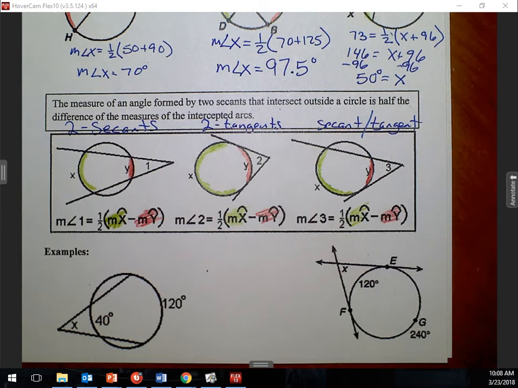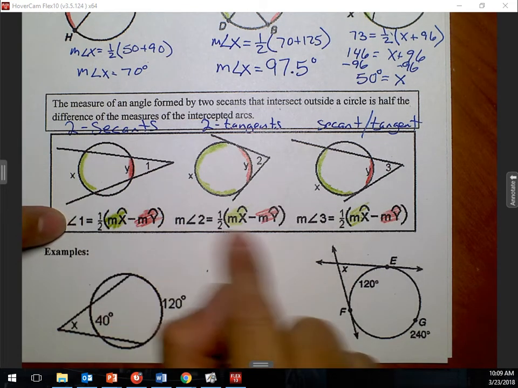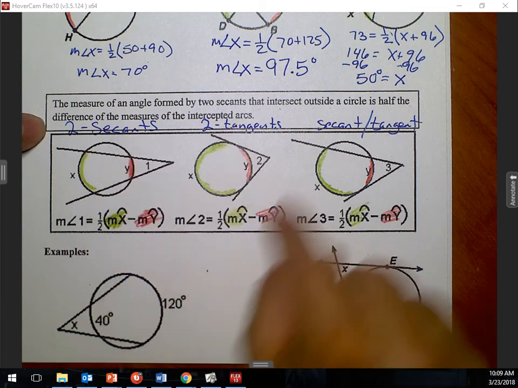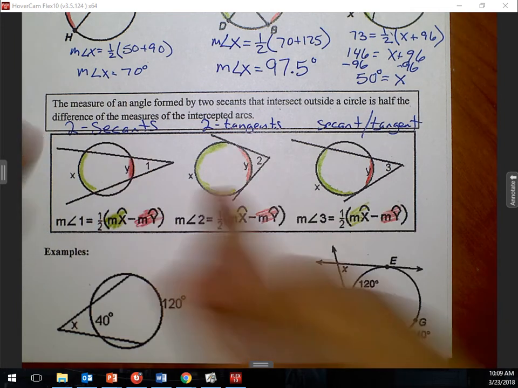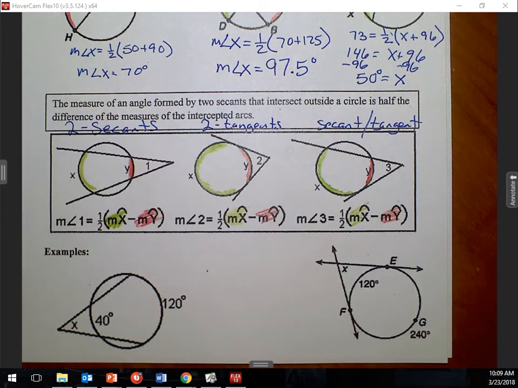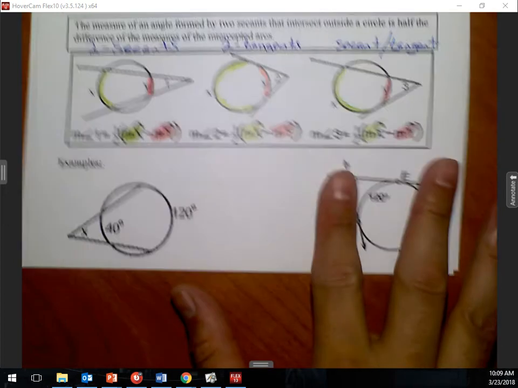Okay, basically the same formulas, right? If you're looking at them, the same formula, but the secants and tangents intersect at different places. So that's the only thing that's different. Okay? Now, let's take a look at my example.